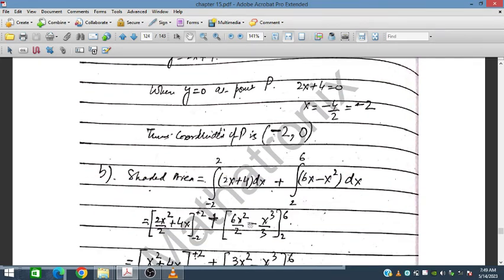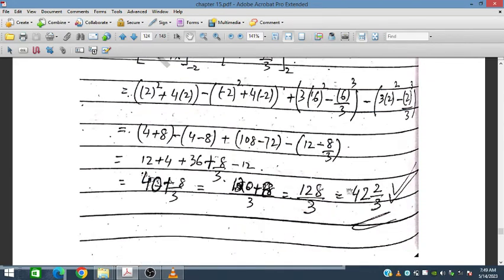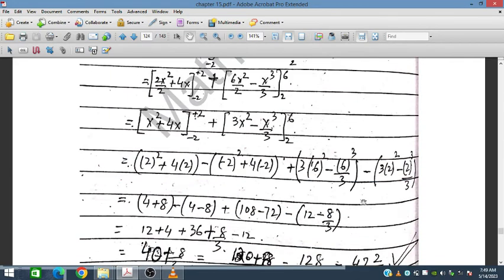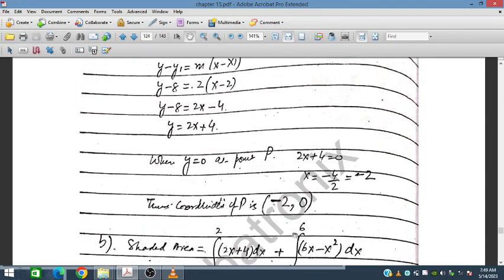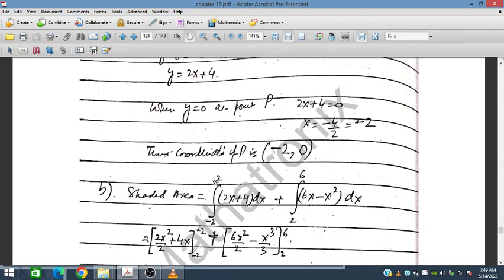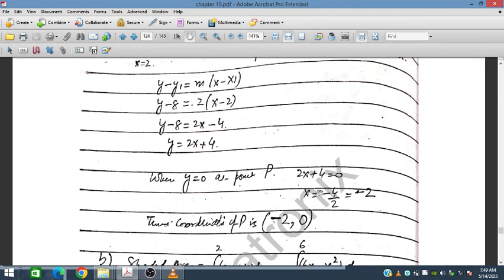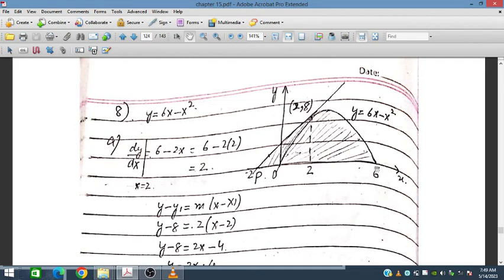This is very easy. On solution we have obtained the result. So this area, minus 2 to 2, this area is, and then 2 to 6 is a curve area.